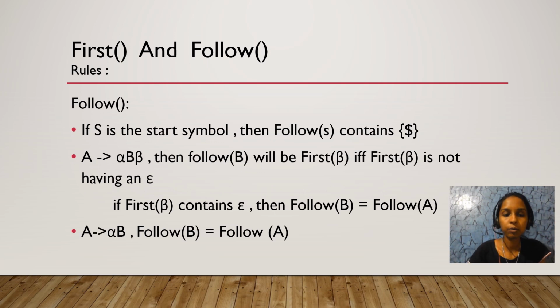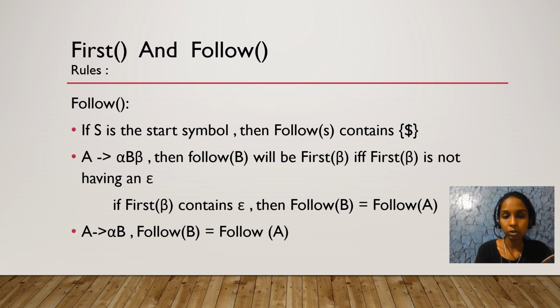Next are the rules for the follow. If S is a start symbol, then follow of S contains the dollar symbol. So in the set, any starting symbol will contain the dollar symbol. And if A tends to alpha B beta, then follow of B will be the first of beta, only if the first of beta does not have an epsilon symbol.